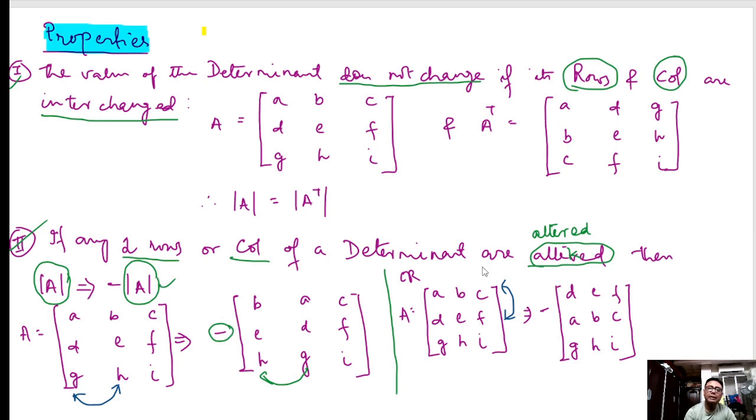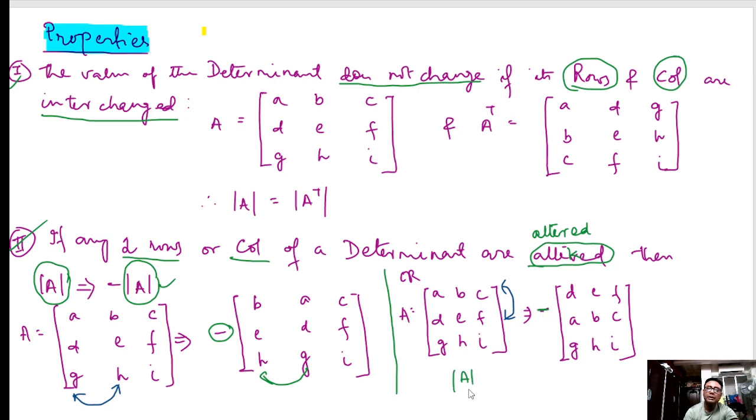Suppose mod A was 4, the value of the determinant was 4. When you interchange these two columns, the value of the determinant will become minus 4. Clear? Now if we change the rows, suppose I interchange these two rows, again it will be the same, the value of the determinant will remain.